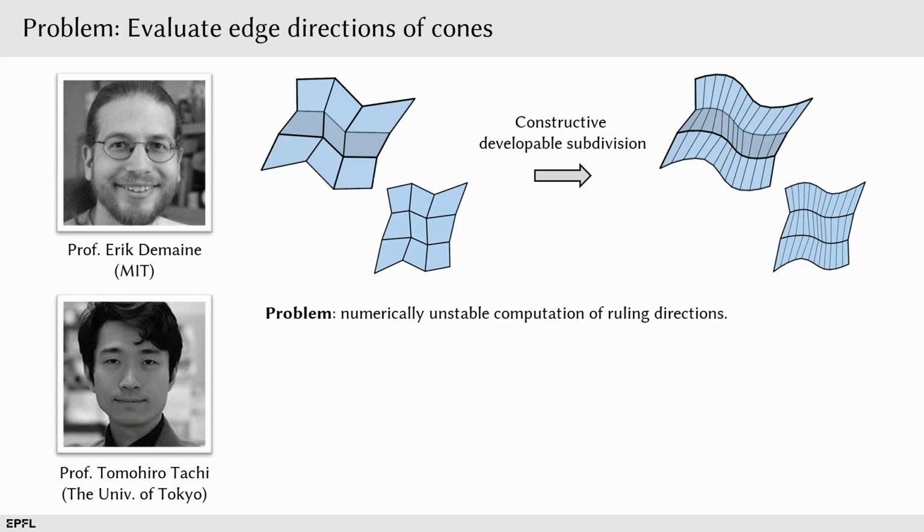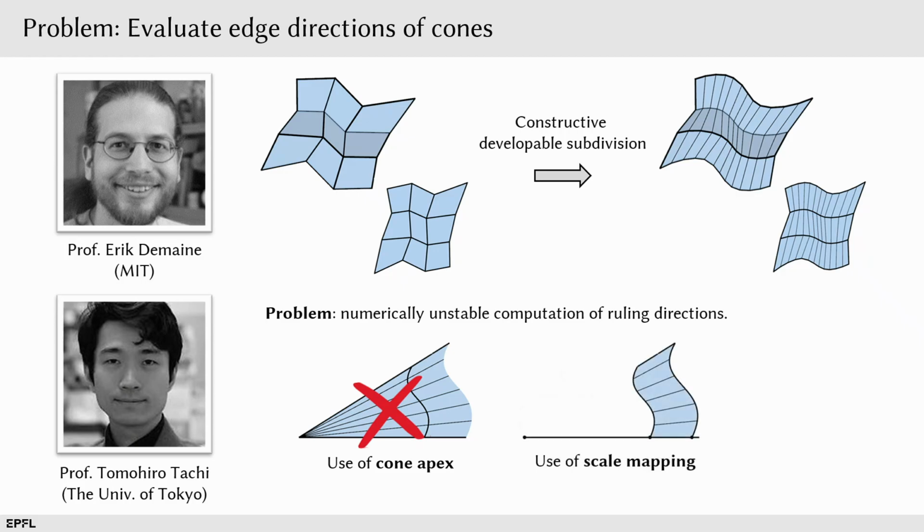So similar to here, we found that our computation of those creases would become numerically unstable for cones where the cone apices would be far away. And to address this issue, instead of using the cone apex, we turned to scale mappings.